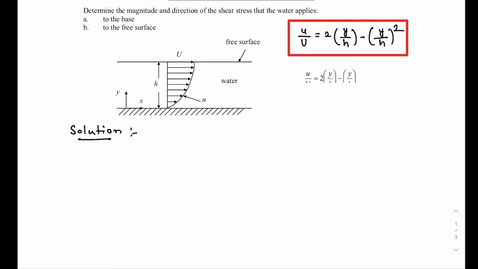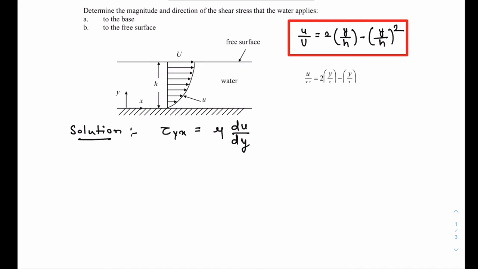Now we know that the shear stress acting on a fluid depends on its viscosity and the velocity gradient. So shear stress is given by the dynamic viscosity times the velocity gradient du by dy.